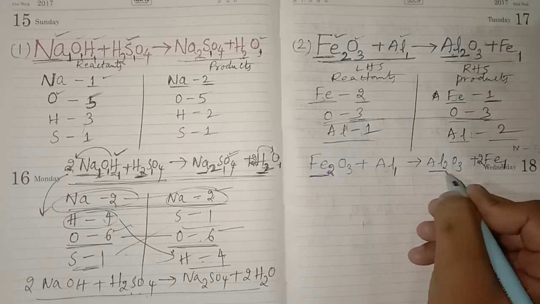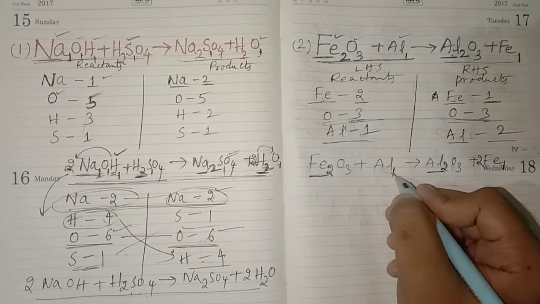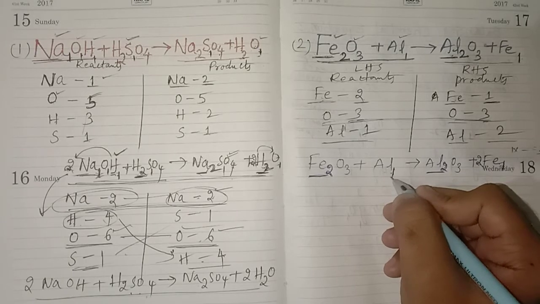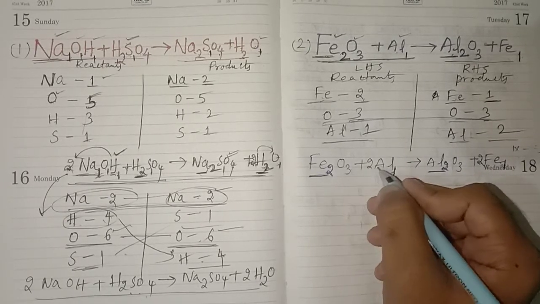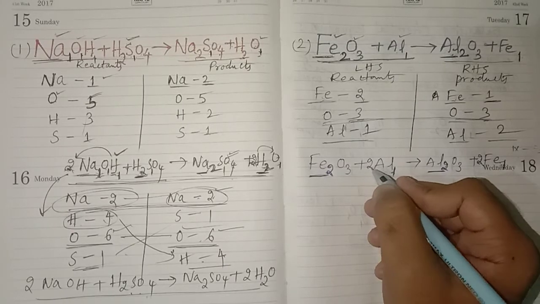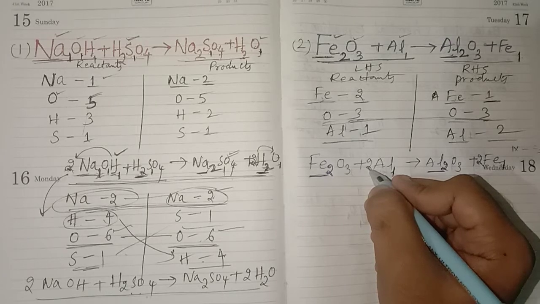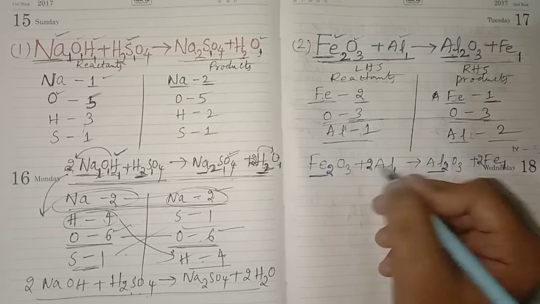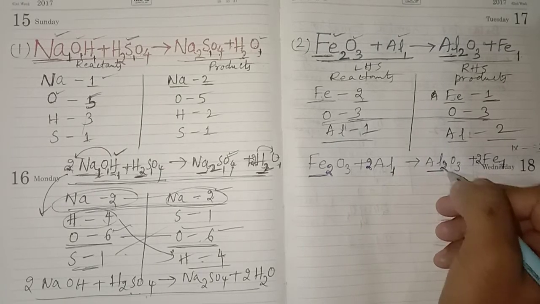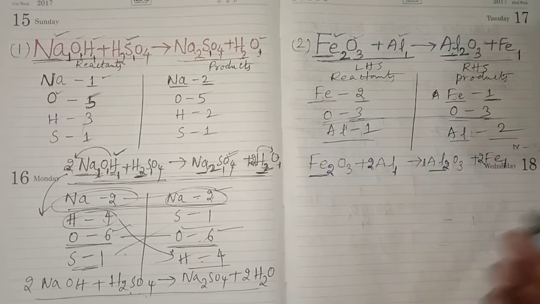At product side, how many are there? 2. So we have to change this 1 into 2. Don't write 2 here; we have to write this 2 at the product side as a coefficient. Coefficient means before the element. So 1 into 2 becomes 2. If there is no coefficient, we consider 1, so don't write 1 here.